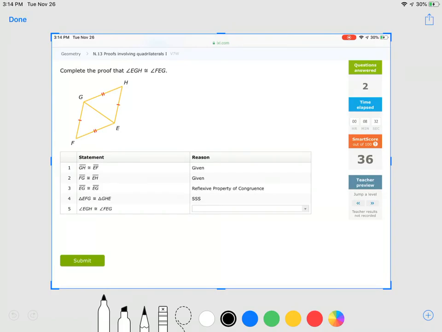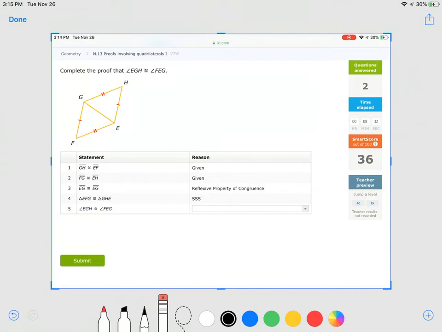Okay, so this one says, complete the proof that angle EGH is congruent to FEG. Where are those? EGH is this, and FEG is this. And notice what we have here. Given these markings, the ones that came with the picture, those 4 red marks, this is a parallelogram.